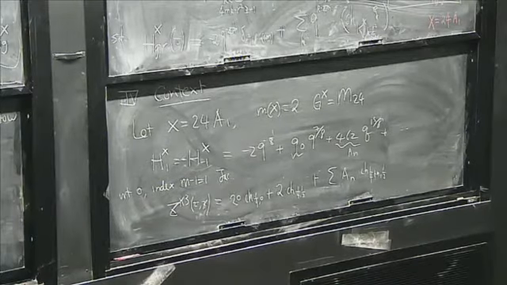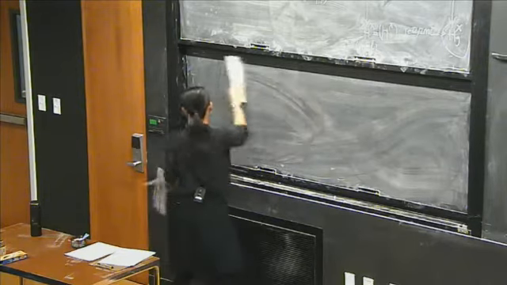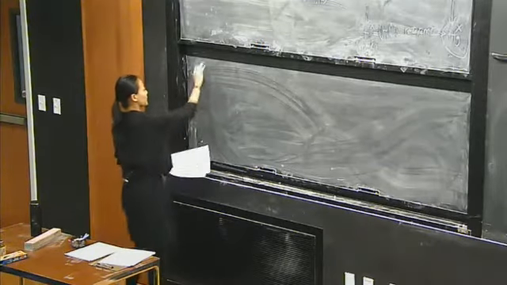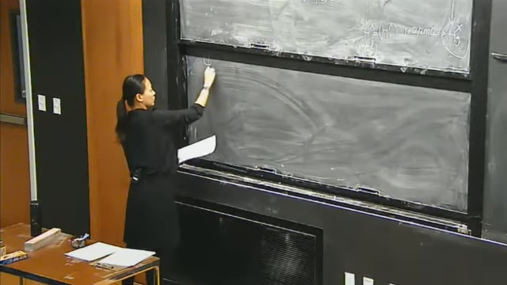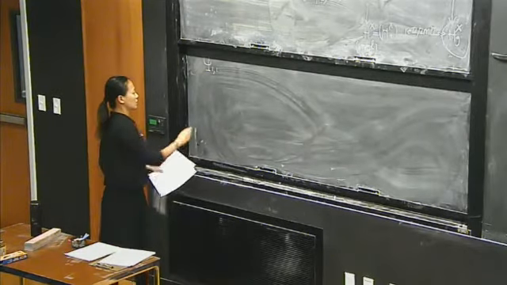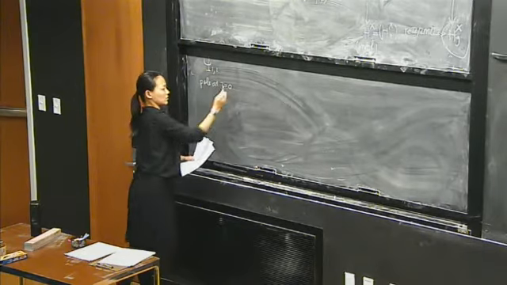Well, the story is like this. There is a very nice and canonical weight 1, index 1 guy, which has a pole at z equals 0.